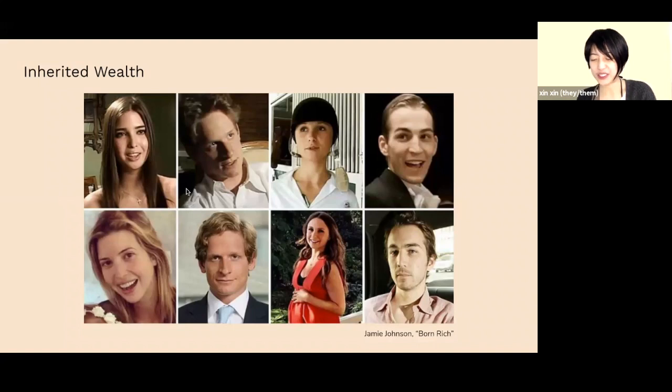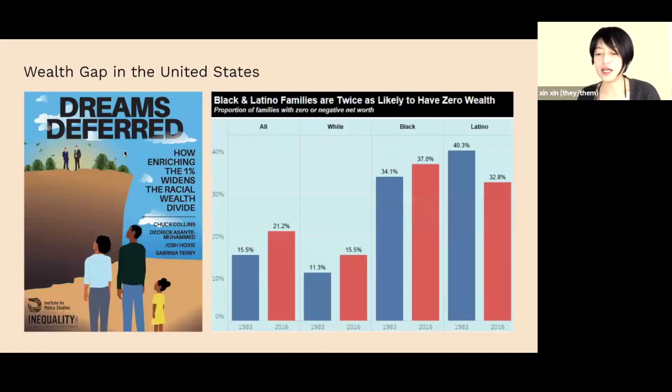to necessarily boast about. And here is another example, a report called Dreams Deferred, conducted by the Institute for Policy Studies last year, that takes a pretty in-depth look at some details of the wealth gap in the United States, which is also tightly related to intergenerational wealth.